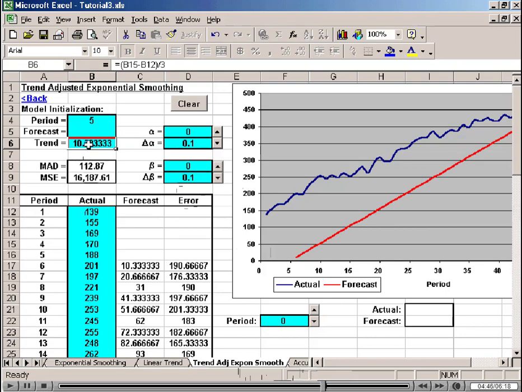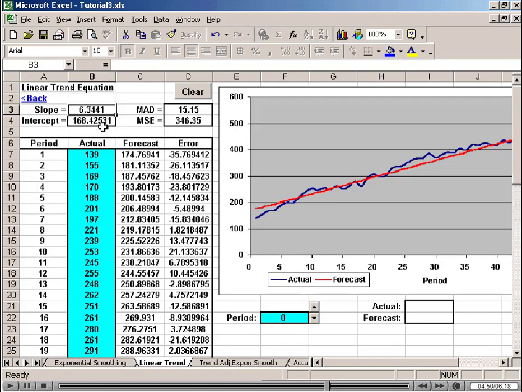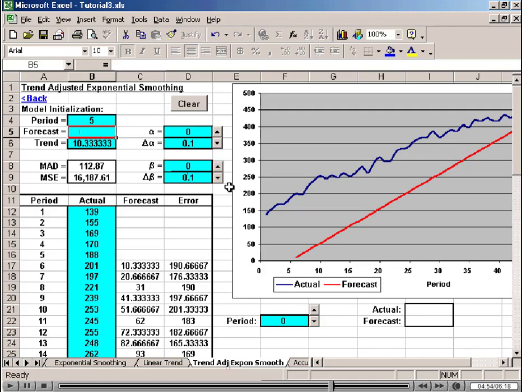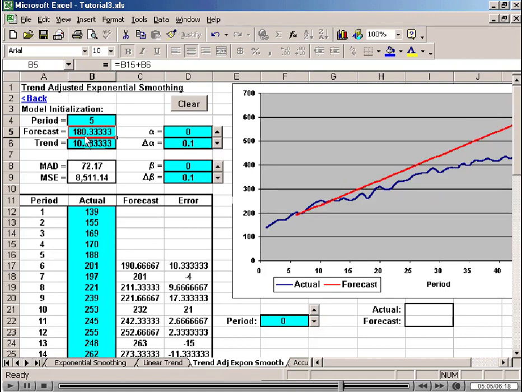That's our estimate for the long-term change. As you recall from the actual equation, 6.3 is the actual trend. Our forecast for the 5th period will be the actual data from the fourth period plus that trend. So we will initialize the method with a forecast of 180.